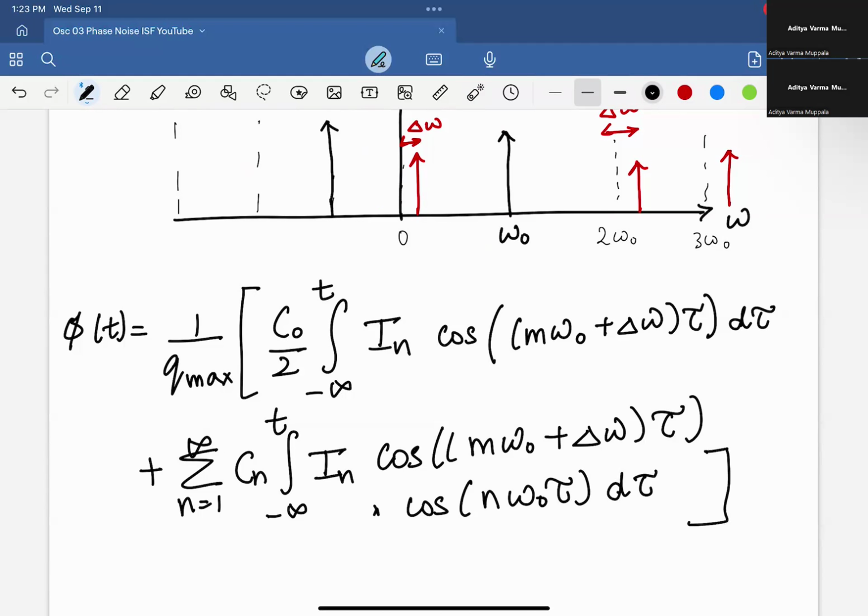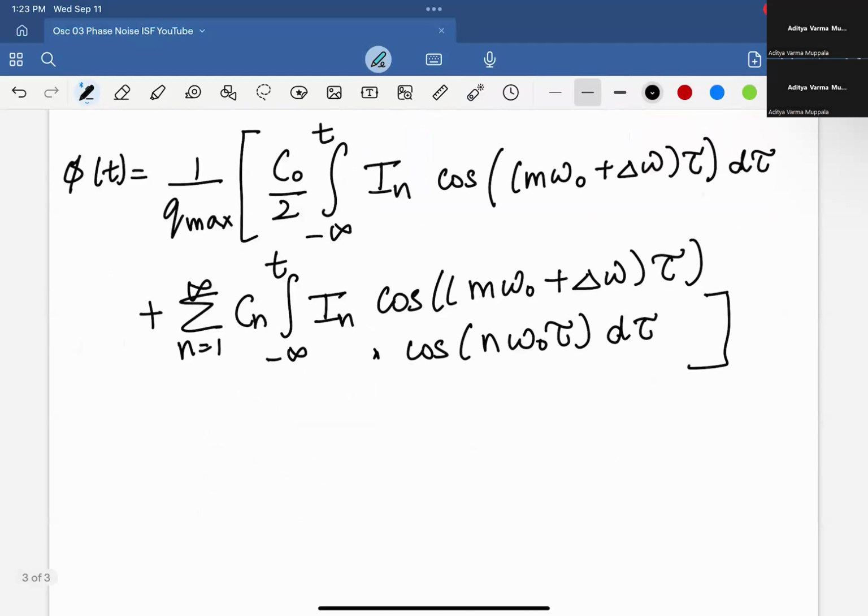And so that's kind of a long equation, but we'll see that with some approximations, this actually simplifies quite a bit.